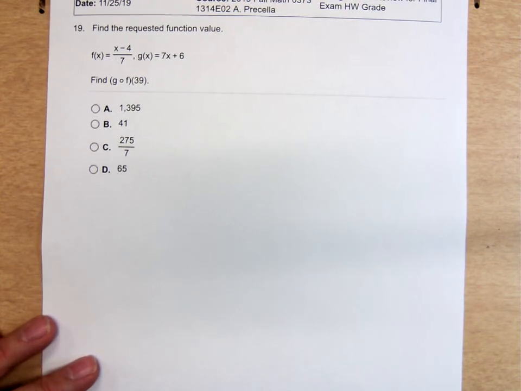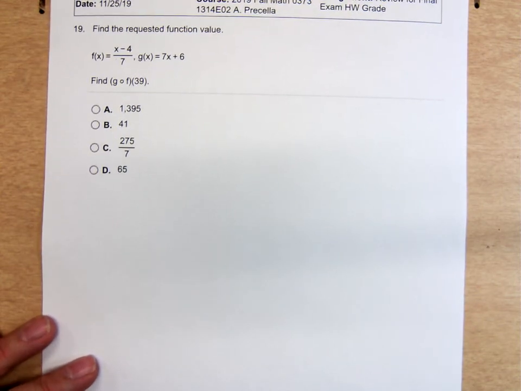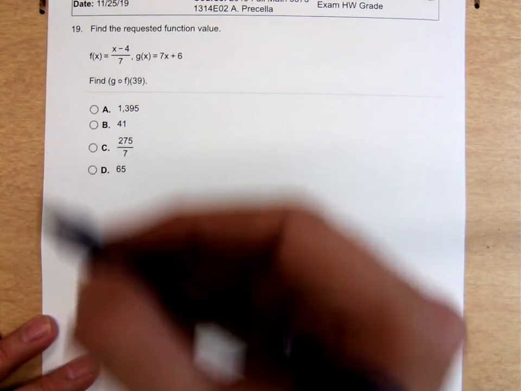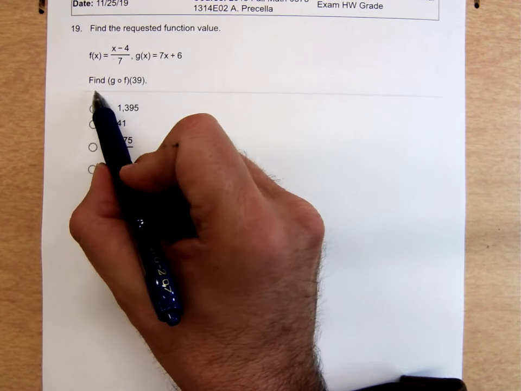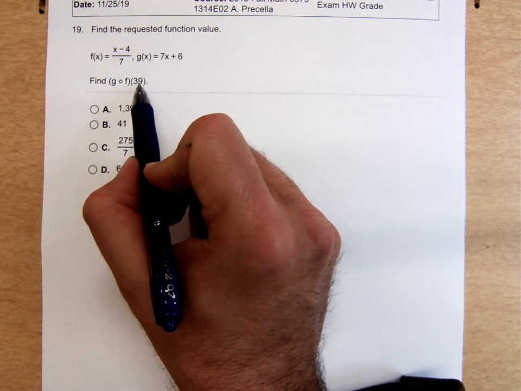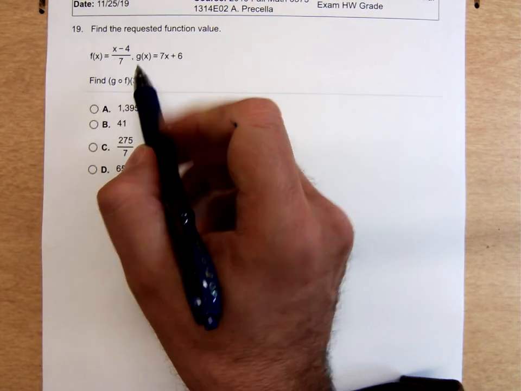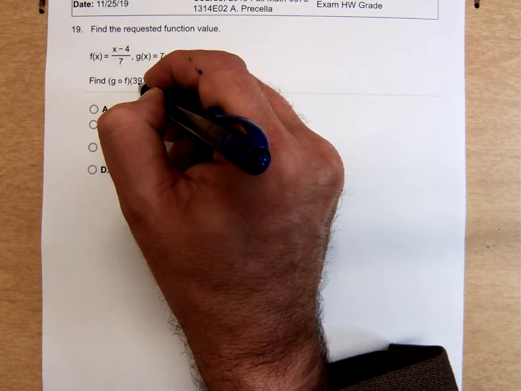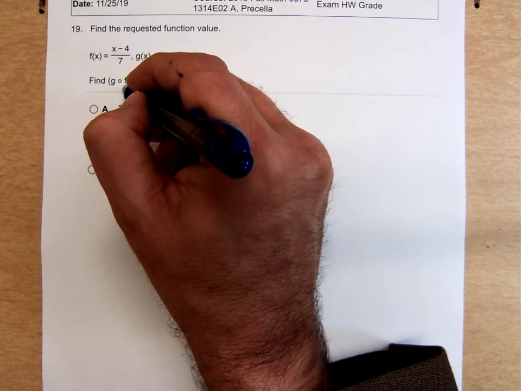Now, if they say the fog and golf, you might remember, oh, that sounds familiar. So, let's see. This is find g of f of 39. That means start with the 39, plug it into f, then take that answer, plug it into g.